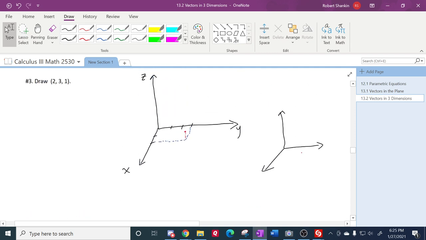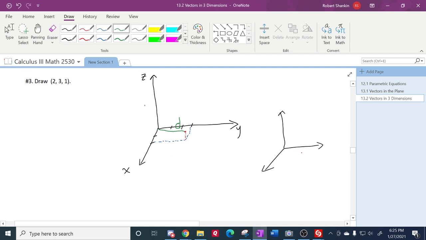So I want to find the distance from 0, 0, 0 to this point. So I want to find the length of that line segment. We'll call that D. Distance from 0, 0, 0 to 2, 3, 1.